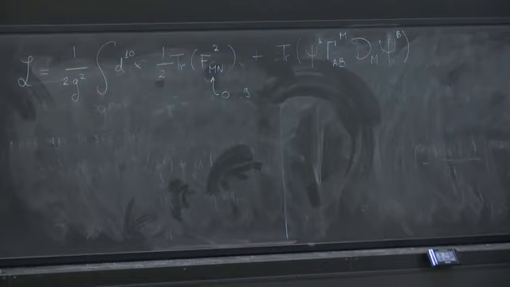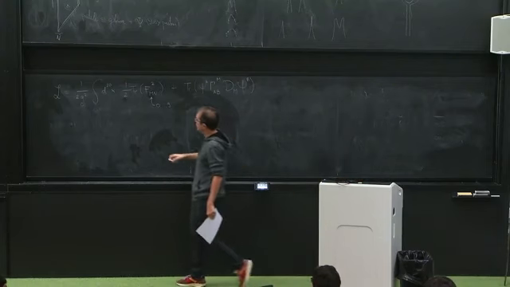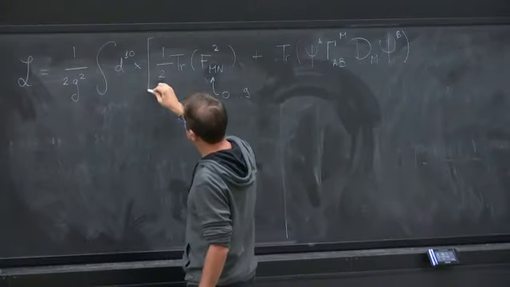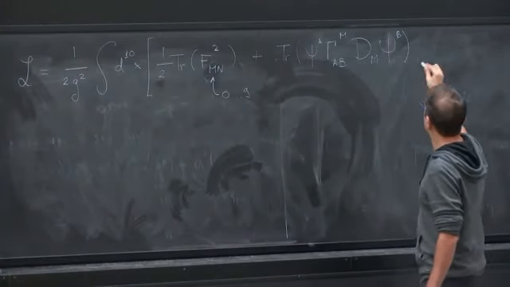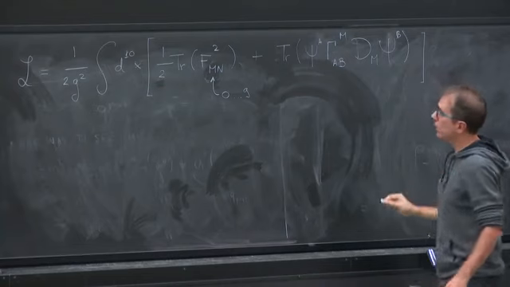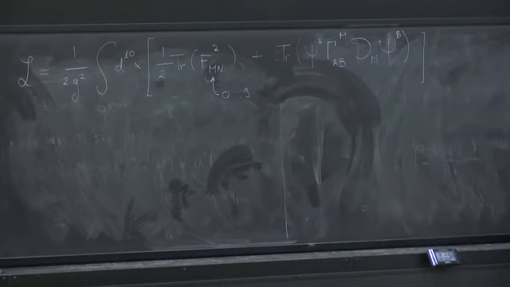And this would be the low energy limit that we would get if we put this theory, the type IIB superstring theory, on these D9 branes.